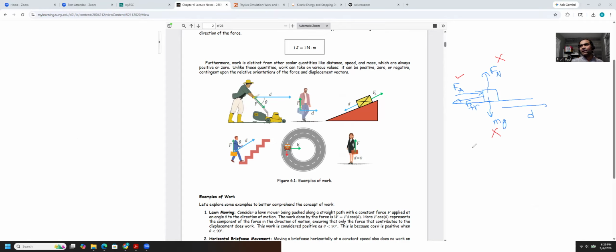And so we have to calculate the work done individually for each of these forces. Okay, and then the net work done is the sum of what we get here. So let's say you get plus 90 here, and negative 70 here. So when you add them together, you get plus 20. So the net work done here is plus 20. Okay, all right.